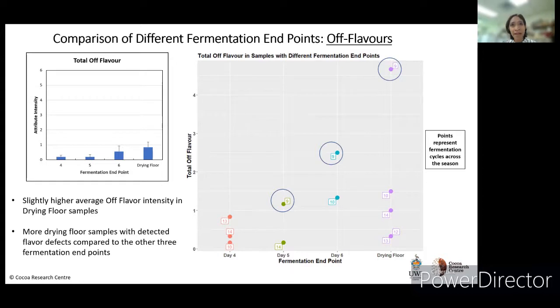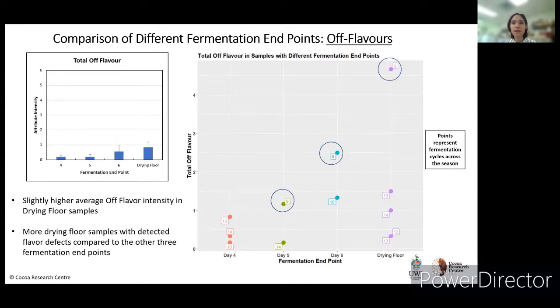The graph on your right is again similar to the 3 I would have shown before, except it looks at total off flavor on the vertical axis. So once again, we have red dots for day 4, green dots for day 5, blue for day 6, and purple for drying floor. The numbers, however, labeling the dots represent the fermentation batches throughout the crop year.